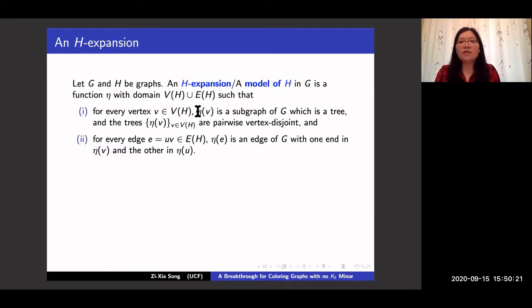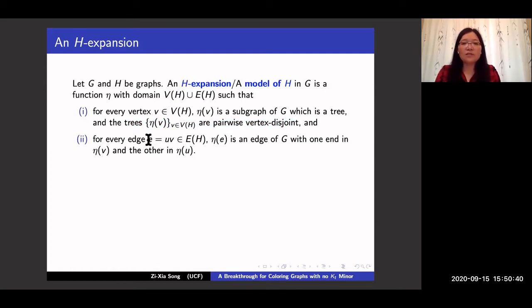So eta(v) for the H expansion is going to be a tree. And the trees here for different vertices must be vertex disjoint. So we need these trees to be pairwise vertex disjoint.